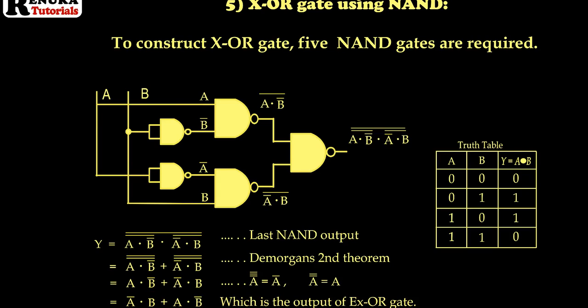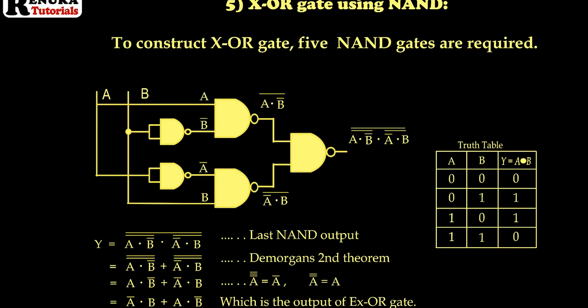We can here use De Morgan's second theorem to convert it into OR gate. So De Morgan's theorem can be applied to replace the dot with a plus sign. The whole big complement can be removed, so it will be split as A dot B complement whole double complement plus A complement dot B double complement. So here double complements can be removed using Boolean algebra.